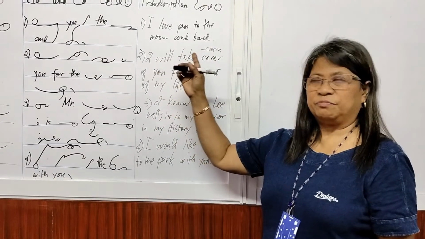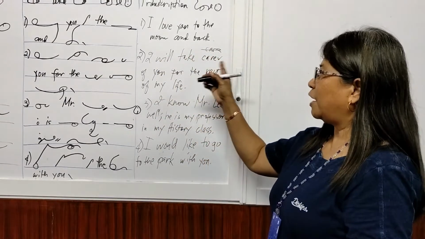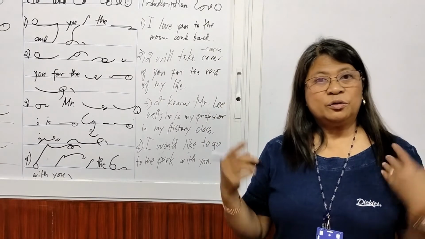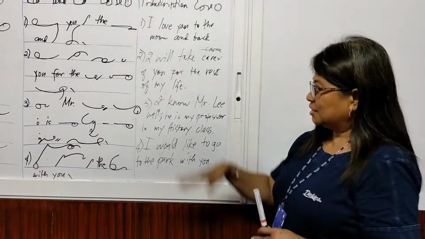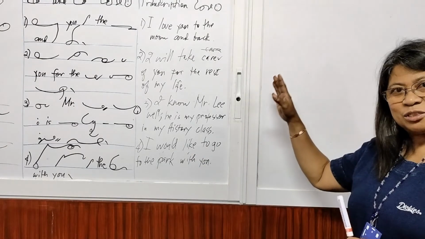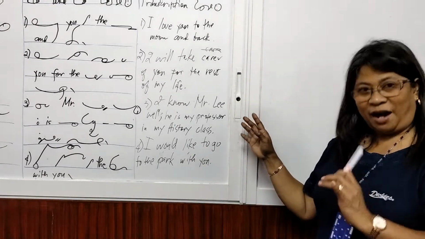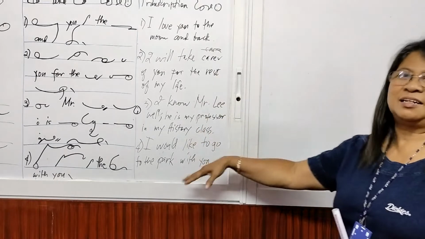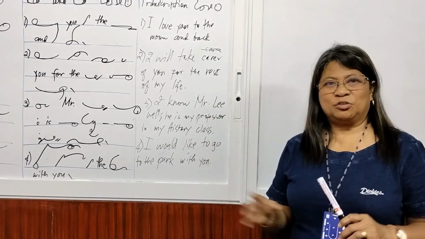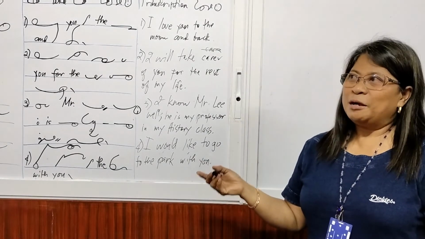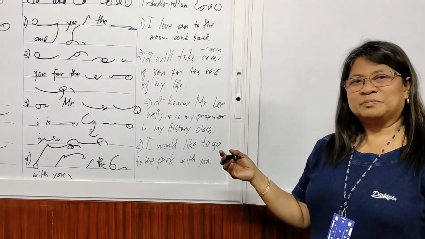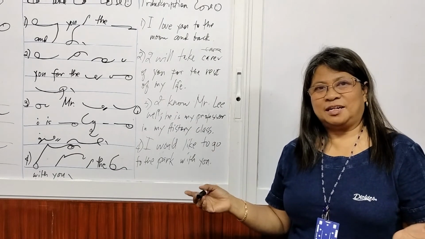So translate it first in Tagalog before you finalize your answer so that you are sure that your answer is indeed correct. Okay? So this is, guys, this is done inside the classroom if I am teaching shorthand. Since this is a tutorial class, I also showed it to you so that you will be able to understand and practice it yourselves and eventually develop also the skill of writing shorthand.